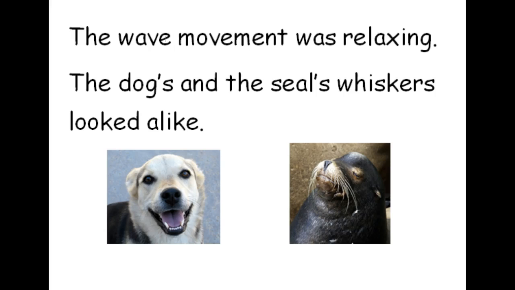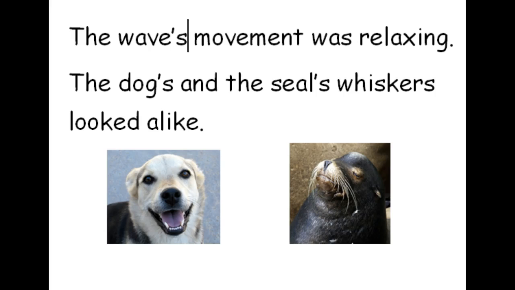If it's the wave's movement, how would you write it? To make the noun possessive, we need to add an apostrophe with an S. Now let's read the sentence. The wave's movement was relaxing. We've just made that noun possessive.